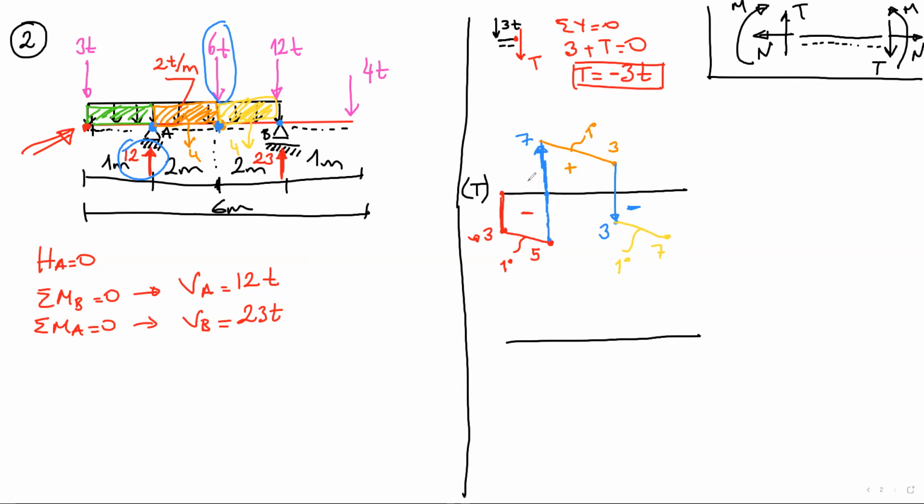The first one is 12, which goes down, and the second one is 23, which is the support reaction, goes up.